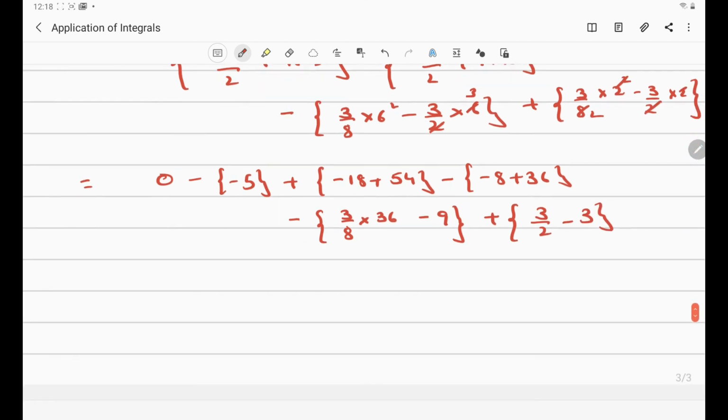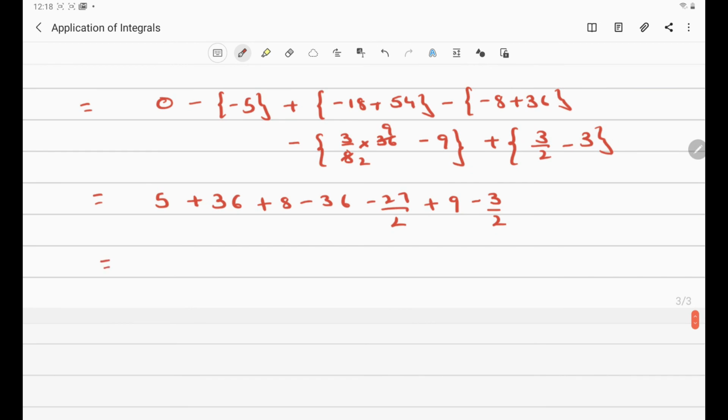So let us simplify this further. We get minus of minus 5 is 5, -18 + 54 is plus 36, plus 36, minus into minus plus 8, minus 36, and -27/2, minus into minus plus 9, 3/2 minus 3 is -3/2.